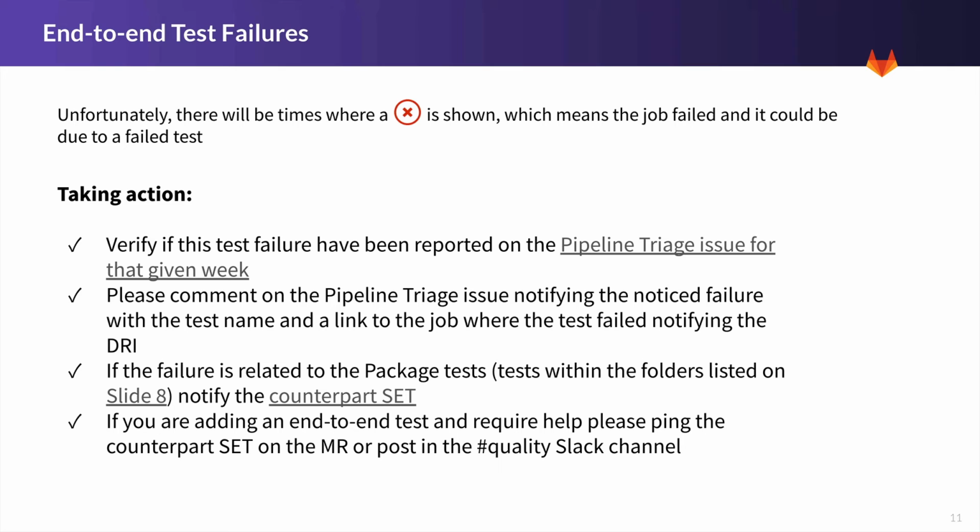And if you are yourself adding this end-to-end test and you see it failing, please do request help by pinging the counterpart SET or by reaching out in the quality channel in Slack.